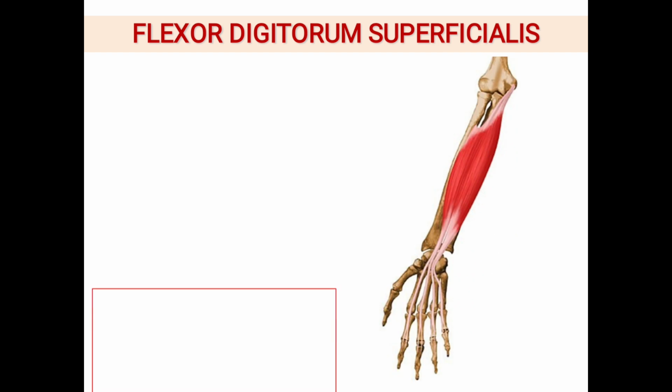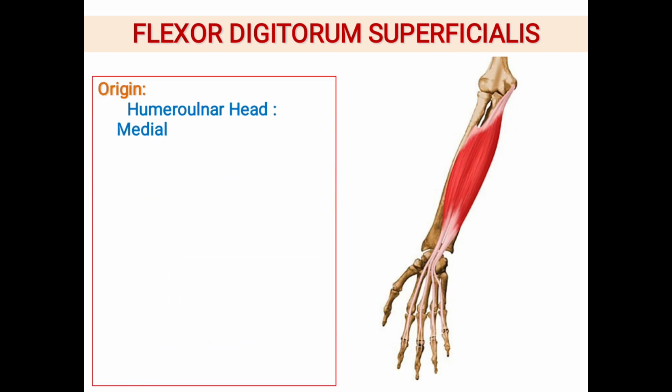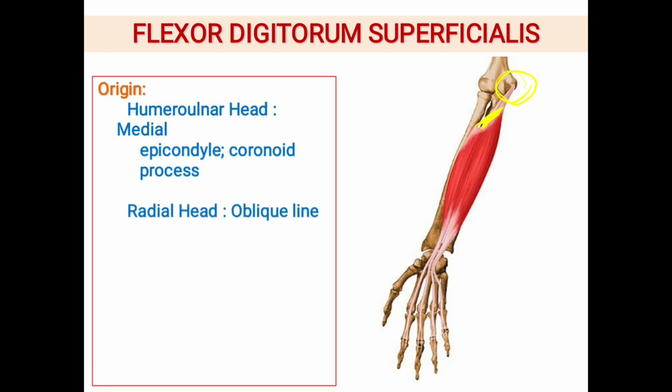Okay, so the origin is, when you say you have humero-ulnar head, so you have the medial epicondyle, and this is your ulnar origin. Okay, the coronoid. And you have the radial head.